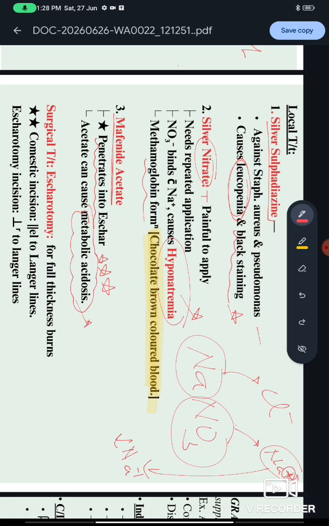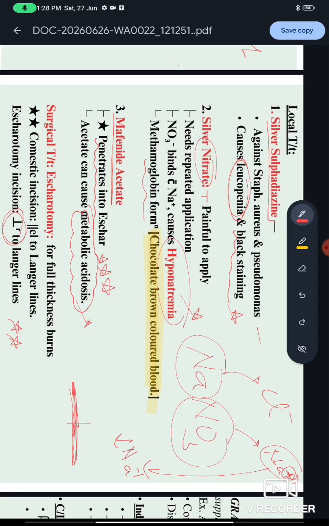Now we talked about escharotomy, that is a black dead impervious layer forms over the burn wounds in cases of full thickness burns. So this is known as eschar. And how do you treat the eschars? By surgically incising it in order to prevent further complications like gas gangrene. How is the escharotomy done? You give a straight incision perpendicular to the Langer lines.